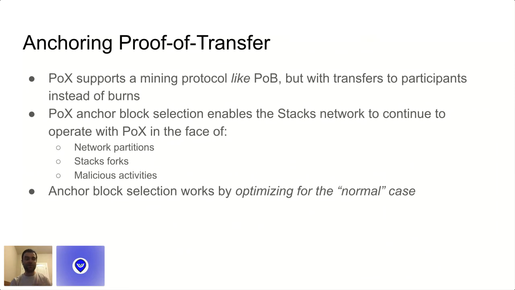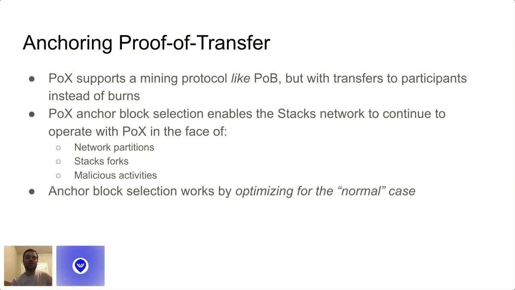And in order to support proof of transfer, we use a process called anchor block selection, which allows proof of transfer to operate in the face of terrible events like network partitions, forks, or other malicious activities on the network.